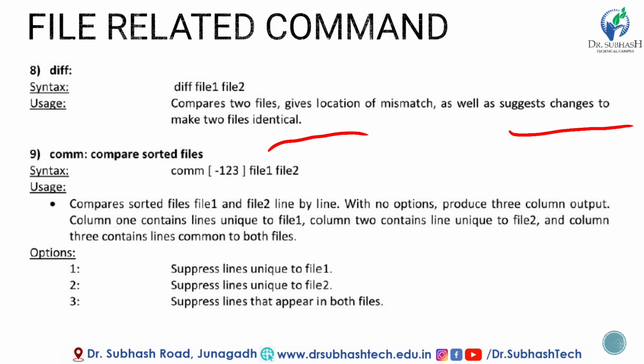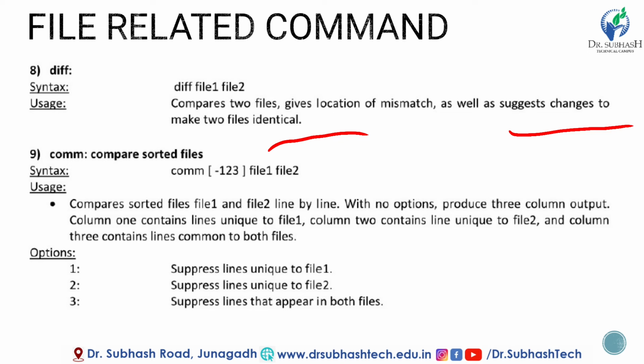Column 1 contains lines unique to file1, column 2 contains lines unique to file2, and column 3 contains lines common to both files. એટલે કે તમે જે સોર્ટેડ ફાઇલ છે એને કમ્પેર કરાવો છો લાઇન બાય લાઇન તો એ શું કરશે, 3 કોલમ આઉટપુટ પ્રોવાઈડ કરશે. પહેલું કોલમ 1માં ફાઇલ 1માં જે લાઇન યુનિક હશે એ, કોલમ 2માં ફાઇલ 2માં જે લાઇન યુનિક હશે એ અને જે બંનેમાં કોમન હશે એ.